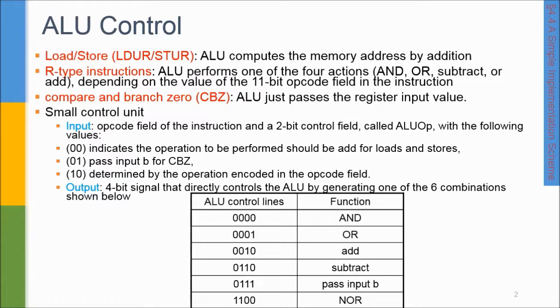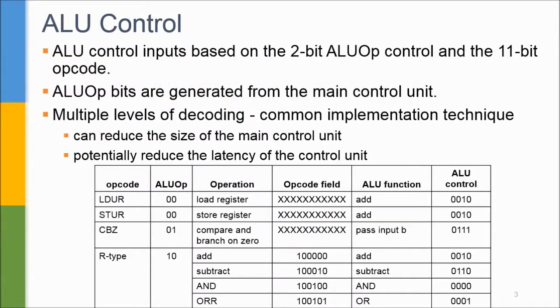Similarly, the output of the ALU control unit is a 4-bit signal that directly controls the ALU by generating one of the 4-bit combinations: 0000, 0001, 0010, 0110, 0111, and the last one is 1100. The ALU control inputs are based on the 2-bit ALU operation control and the 11-bit opcode.